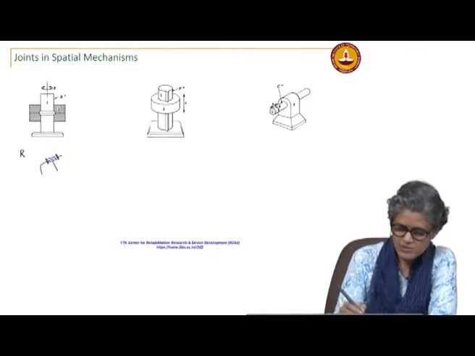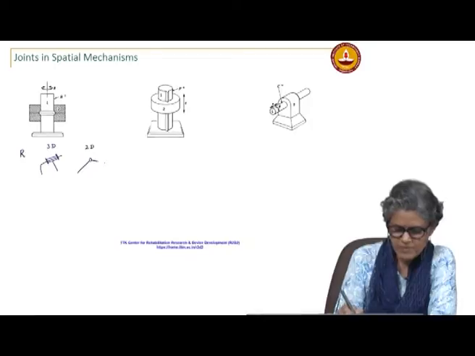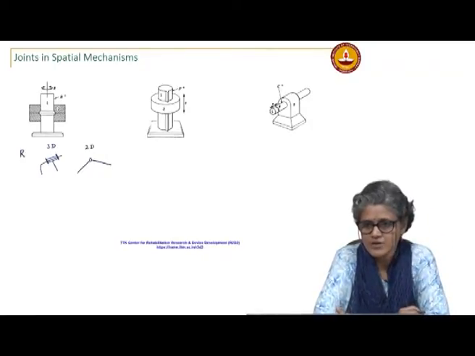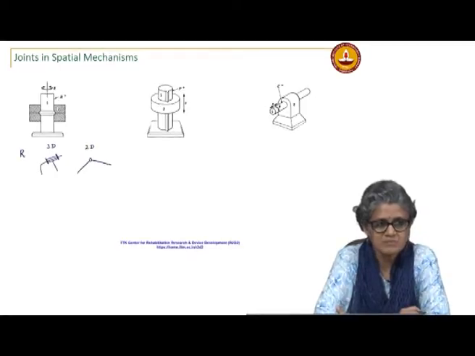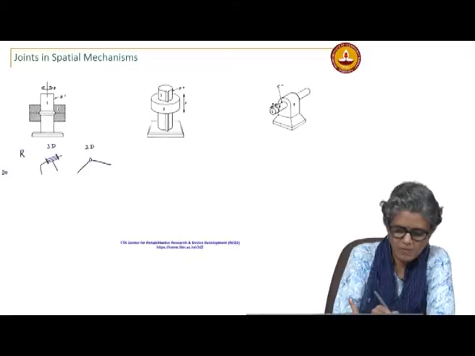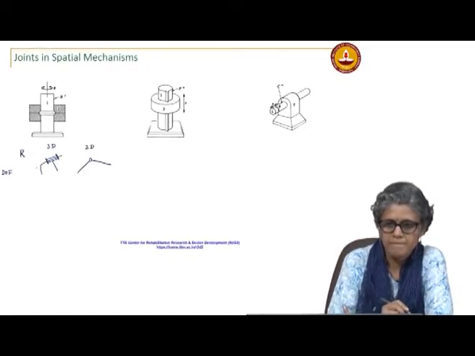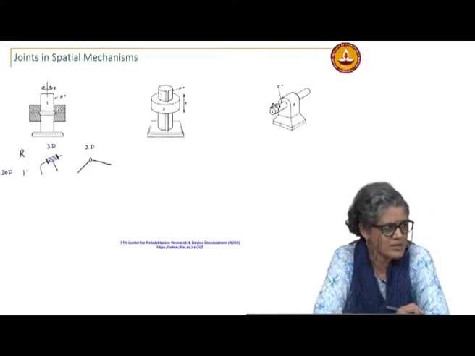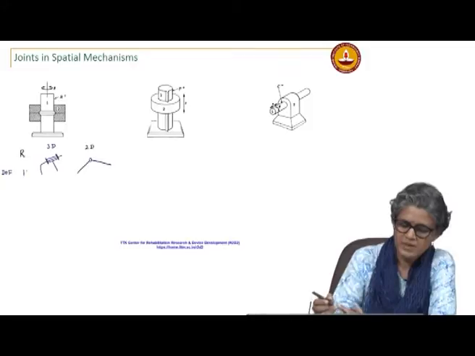So, this is the 3D representation; in 2D we showed the planar one. How many degrees of freedom do you have? Only one. The revolute joint still has only 1 degree of freedom.